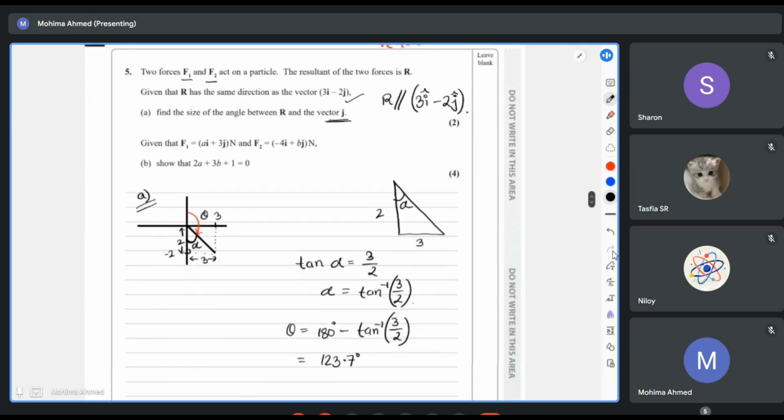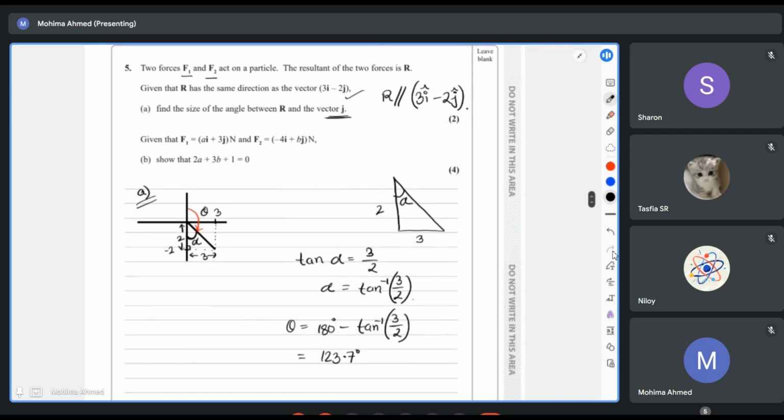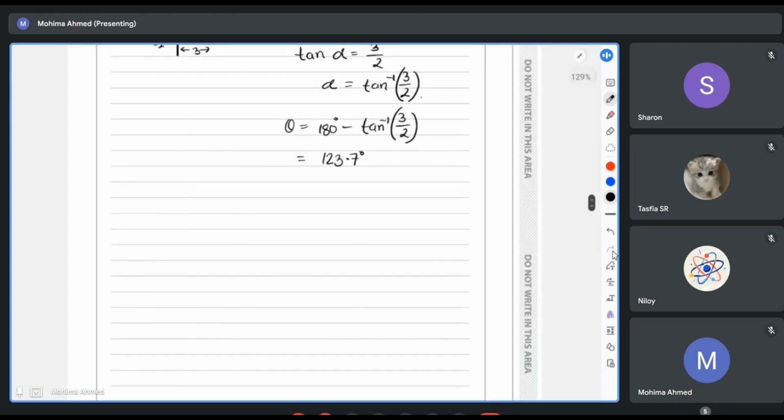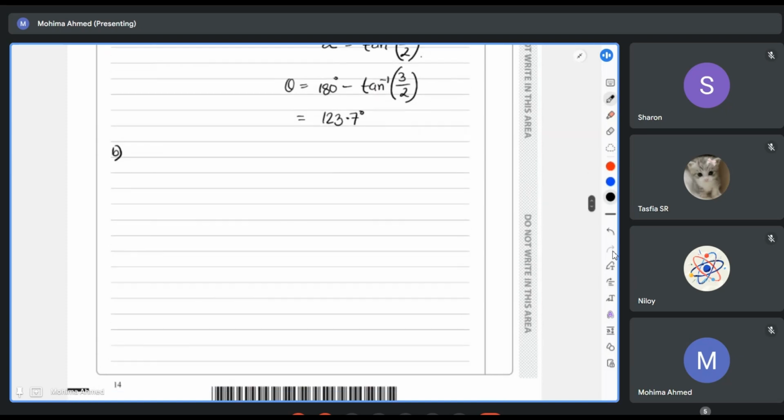So over here also, from part A, we already know that your R vector, which was a summation of F1 and F2, is parallel to this 3i minus 2j. Whenever a question starts with parallel, you have to create an equation: for R being parallel to 3i minus 2j, R equals k multiplied with 3i minus 2j.